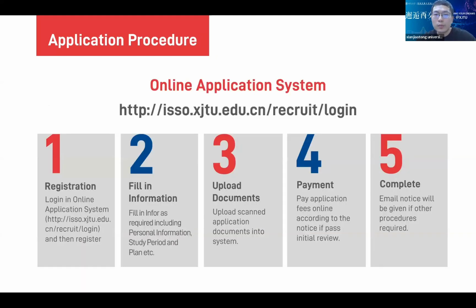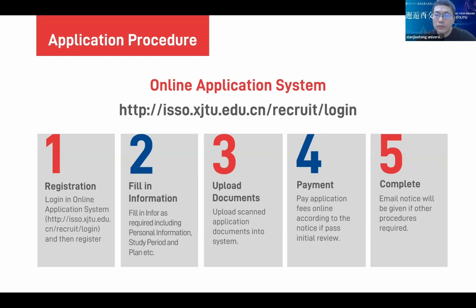And here you can see that we have this online application system, and in the middle is the link to the system. And now everything about your application can be done online in this system. So here are 5 major steps for you to complete your application. The first one is register. You have to go to our system and create your application account.